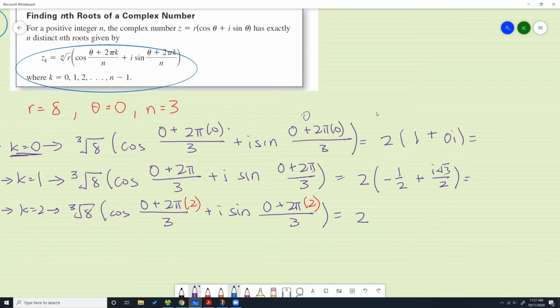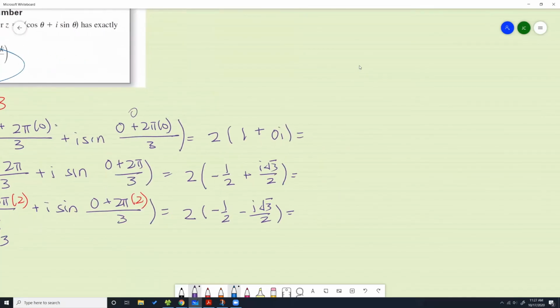The last step. 2 times cosine of 4 pi over 3 this time. So this whole thing is 4 pi over 3, and that's also going to be negative 1/2 plus, this time, negative i root 3 over 2.